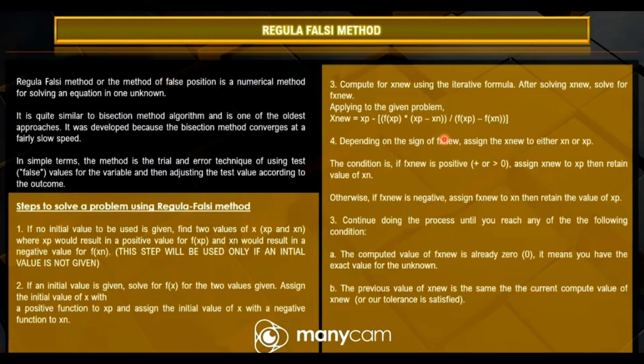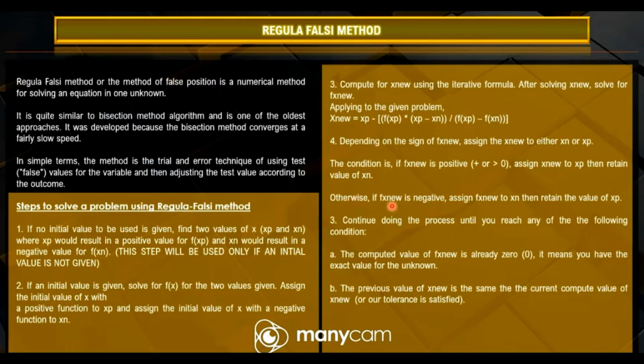If the value of f(x new) is positive, our x new will become xp, so we use x new as xp on the next iteration. Then the value of xn that we use currently is still the value we will be using on the next iteration, so we retain it.